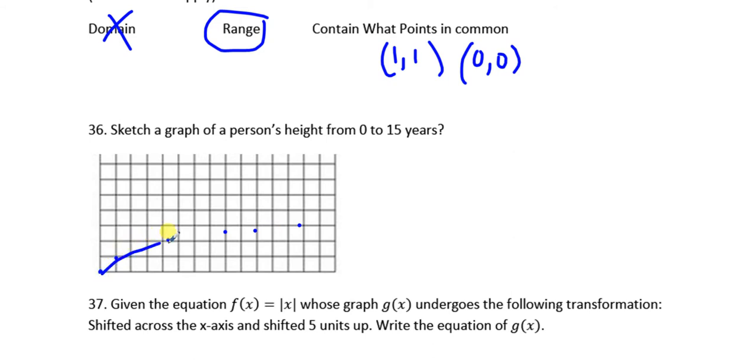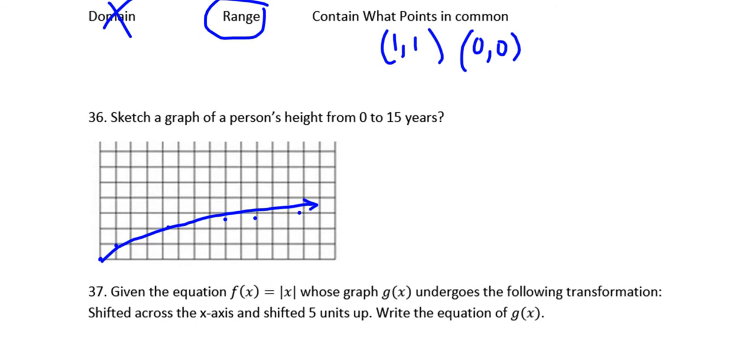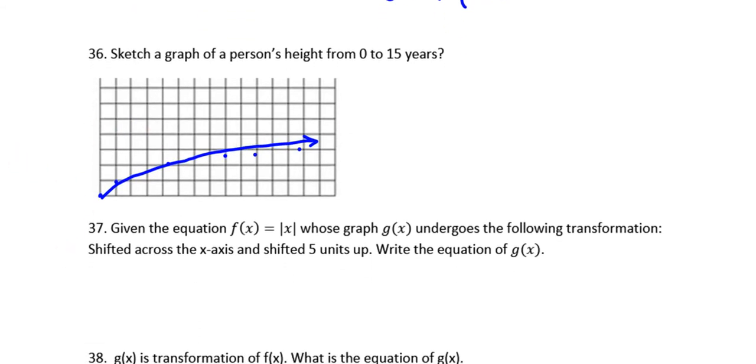So it grows like this. And so the person's height from 0 to 15 years really looks a lot like the absolute value or the square root function. But dumb question, because at 0, are you really 0 high? When you're born, you're usually about 2 feet high, and then this looks more linear. So it was a bad question.